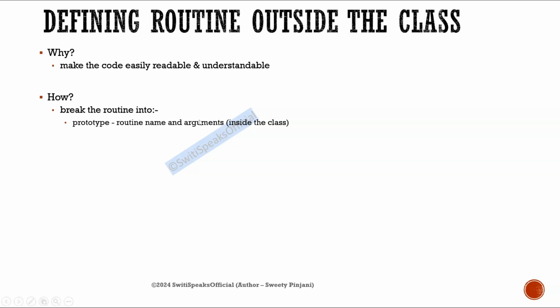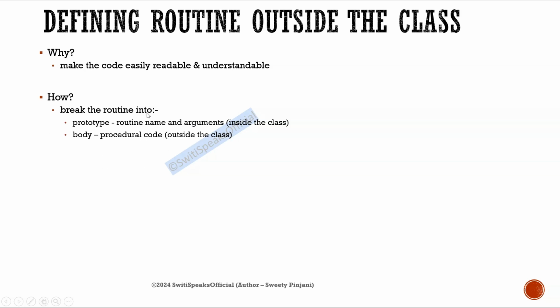Only this prototype we will define inside the class, and the actual body, which will have the procedural code, whatever operation you want to do on the class properties, which are the class variables, can be kept outside the class.